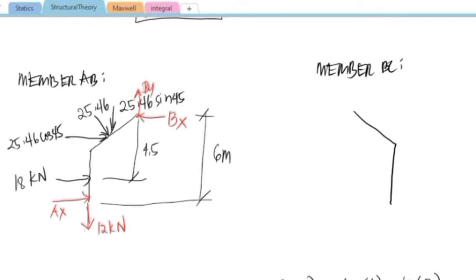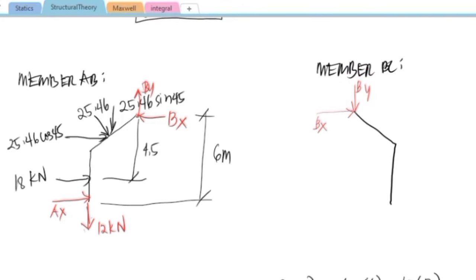Para sa reaction at point B for the member BC, kung makikita natin dito sa member AB natin, BX is directed to the left, so kukontrahin lang natin siya dito sa BC. We will assume here that BX is directed to the right. And for BY, since in the member AB, siya ay directed upward, dito sa BC, siya ay directed downward.